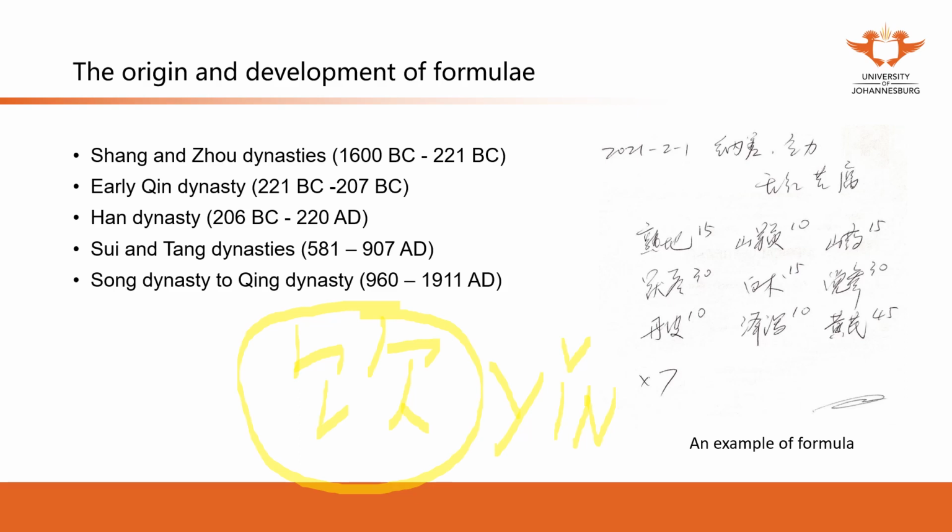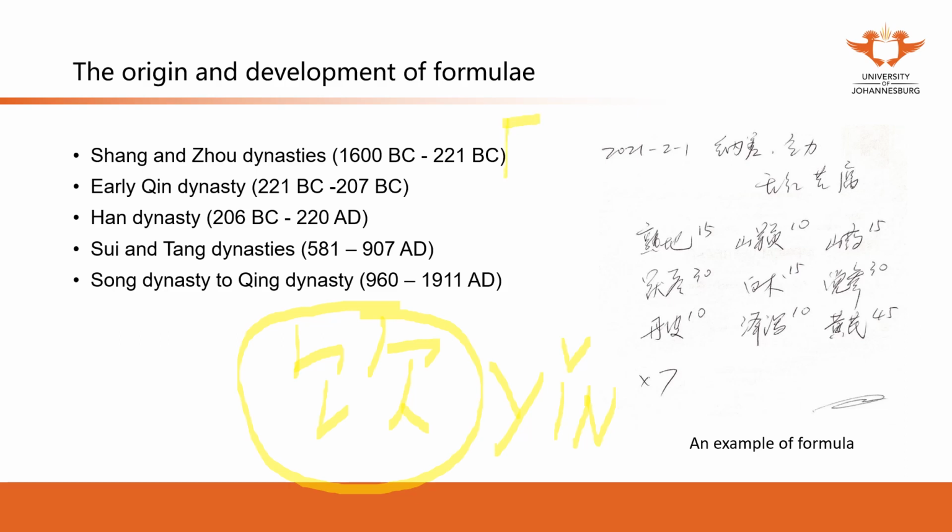Instead of using raw herbs, where you chew the raw plants, you're going to decoct the herbs. You're going to cook the different ingredients, and then you drink the herbal medicine. So that's the development in the Shang and Zhou dynasties. This also benefits from the use of fire.